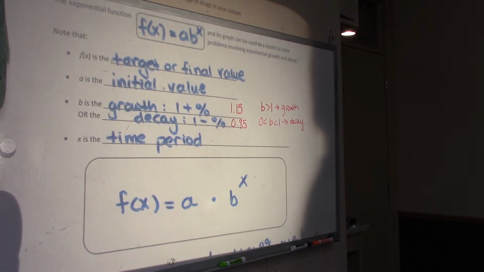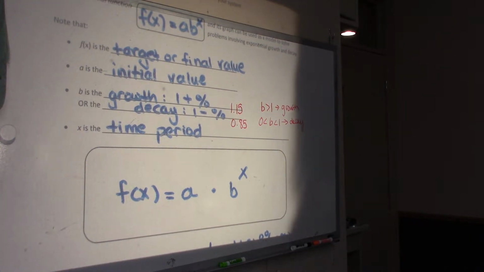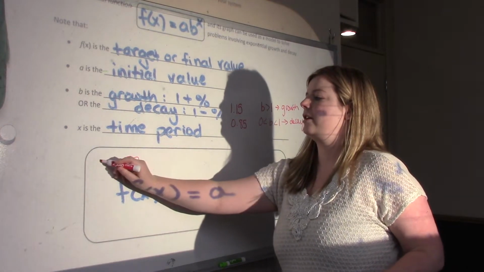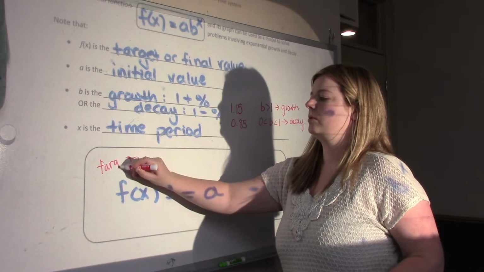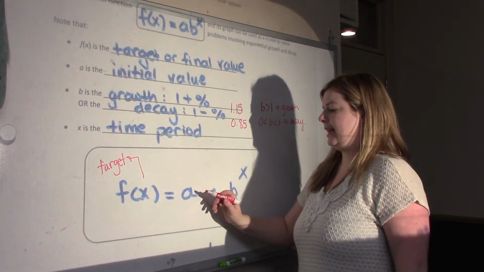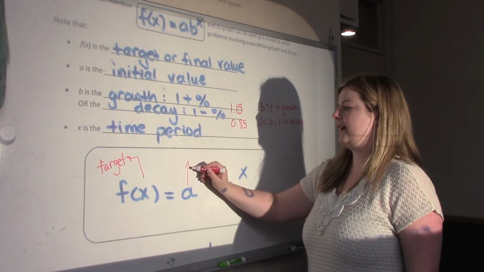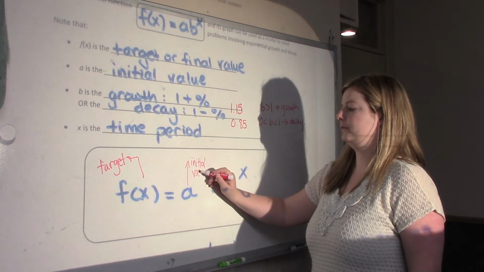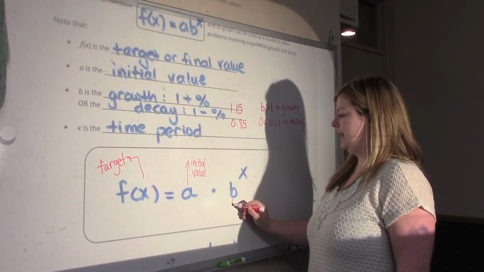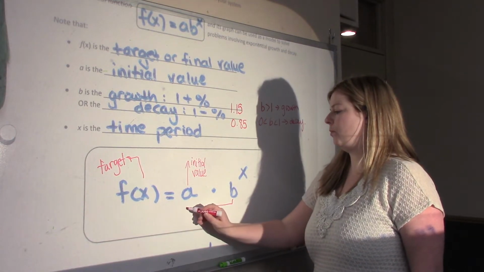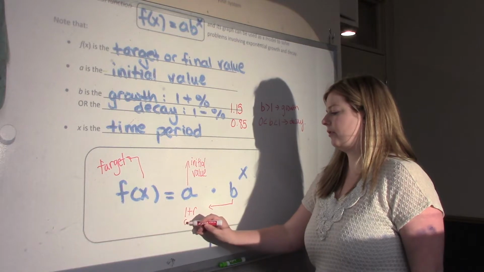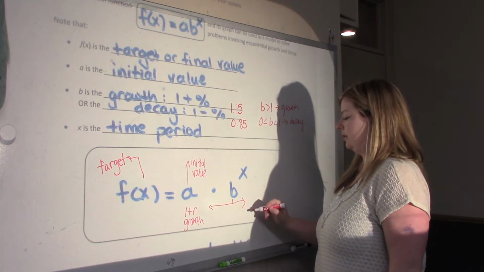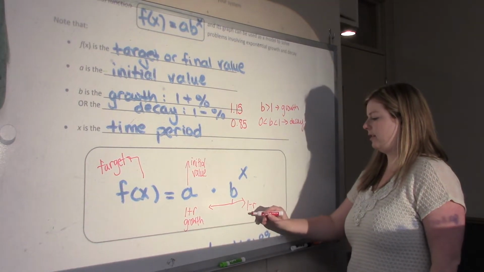So let's summarize this. Okay, so f(x) is the target. A is the initial value. B is either 1 plus r for growth, or 1 minus r for decay.